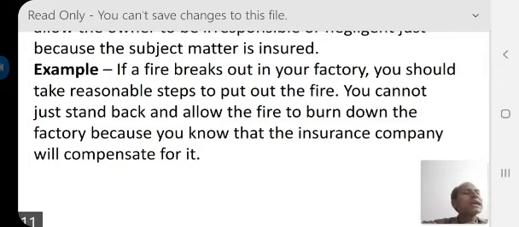So they simply reject your compensation on these grounds. So, with this, we have seen 7 principles of insurance.